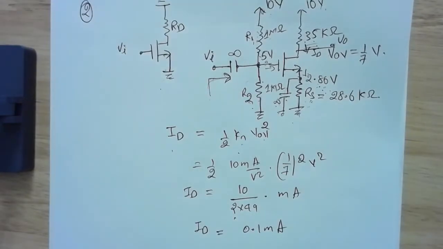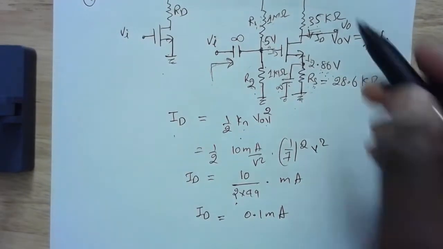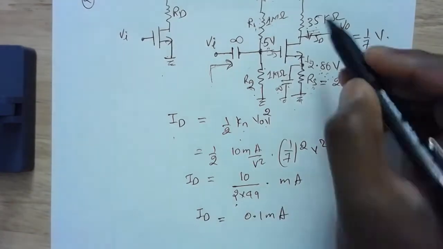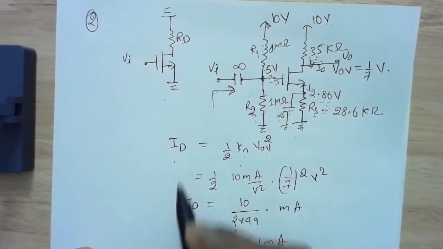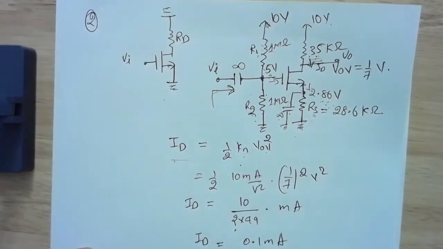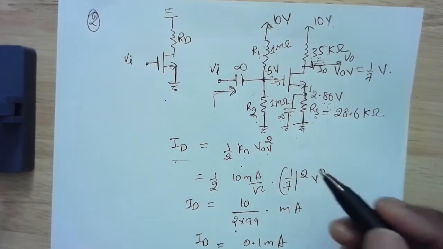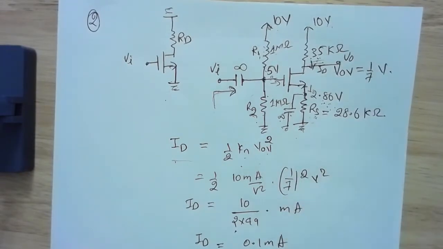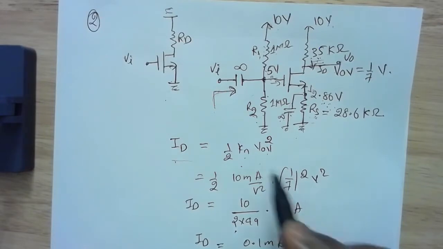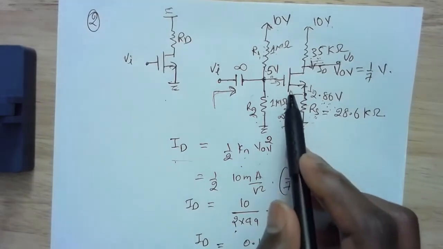Now let's look into how we got 35. Before that, here I'm using a saturation equation. That means I'm assuming my MOSFET was in saturation. But I'll have to make sure that, once I calculate the voltage at every point in the circuit, the MOSFET is actually in saturation.